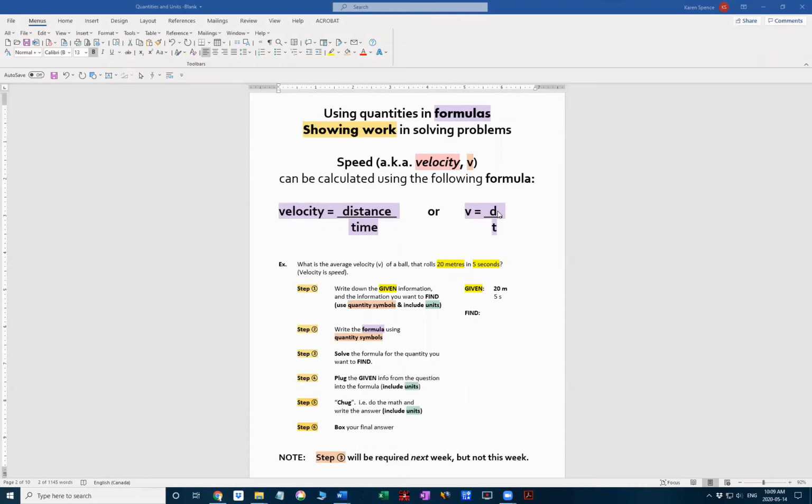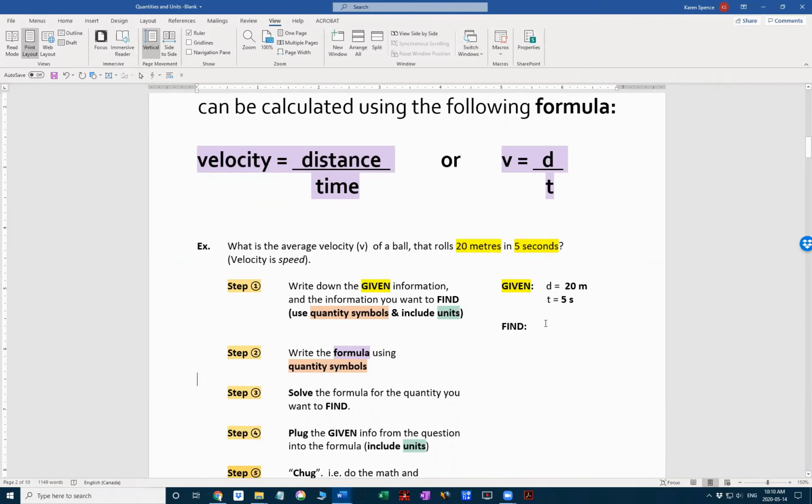Okay, and the symbol for distance is D. So we're going to write D equals 20 meters. And if we're looking at 5 seconds, that is measuring time. So we are looking at our distance being 20 meters, and our time being 5 seconds. Those are the things that are given to us in the question.